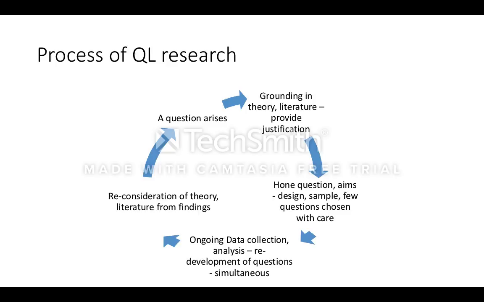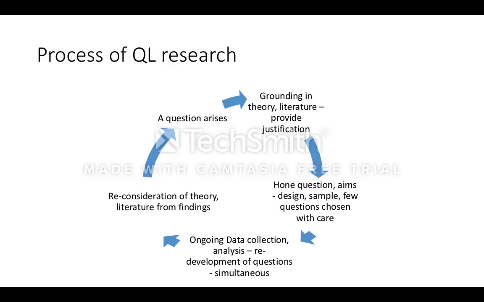So in theory, there is a process for qualitative research that begins when a question arises. We turn to the literature, look for some justification and background knowledge in order to hone the question and figure out what research methods would best answer that question. Then we collect and analyze data and reconsider the theory that we found from the literature.